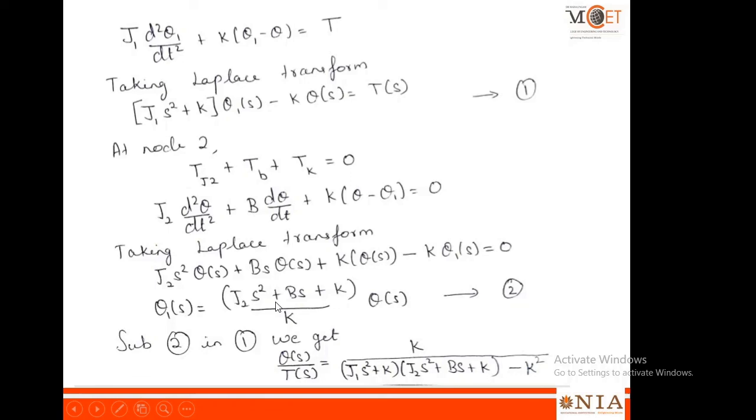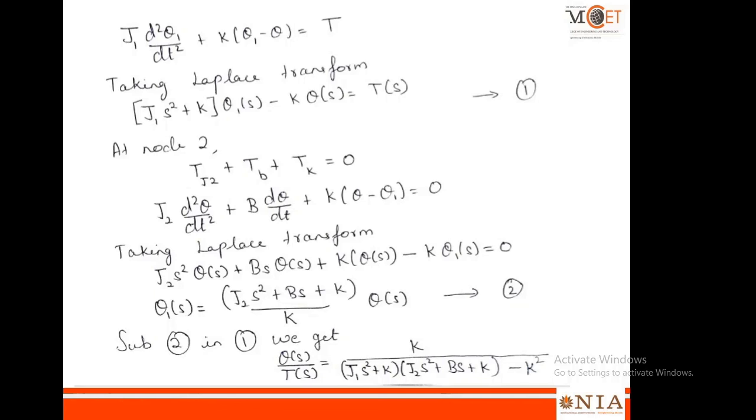Find theta 1 of S from the second equation and substitute it here. Once you replace theta 1 of S by this expression, you have only two variables, T of S and theta of S. Just rearrange and reduce it so that you get theta of S by T of S. This is your transfer function expression.